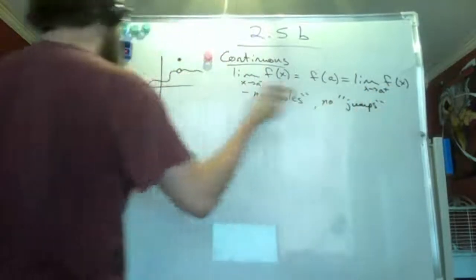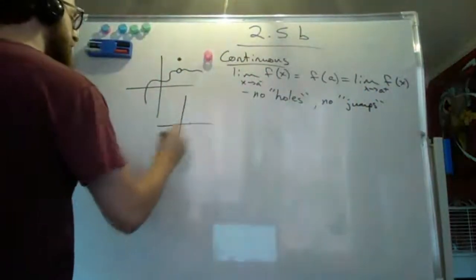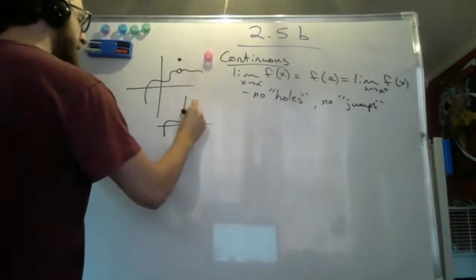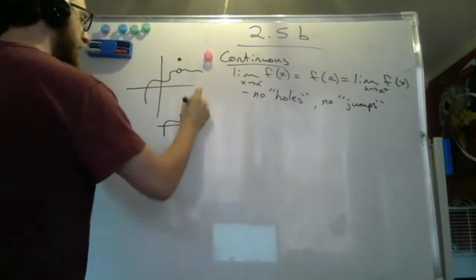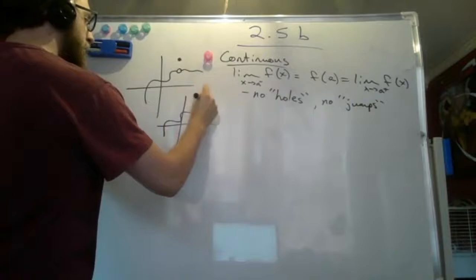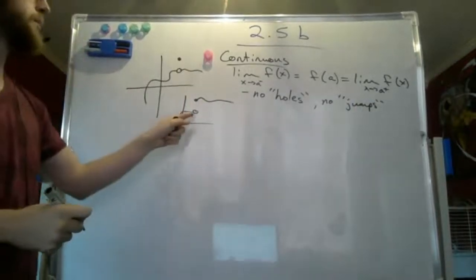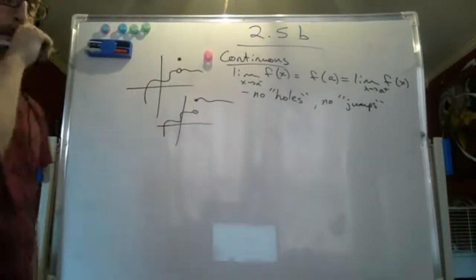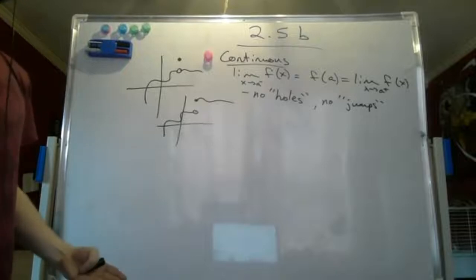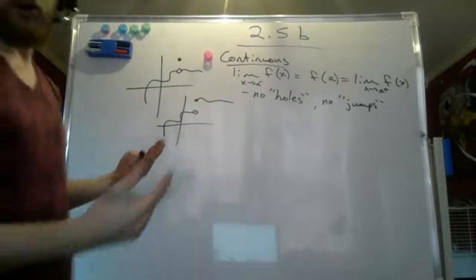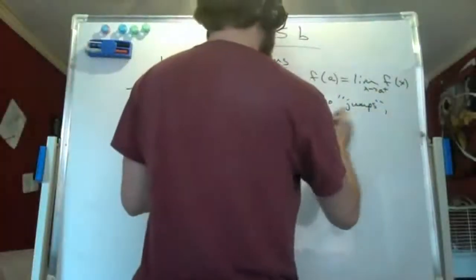Well, what's a jump? Think about our piecewise functions, where we got a graph and then it stops and then it picks up somewhere else and keeps going. This would be a jump. And then lastly, we say that there are no vertical lines.